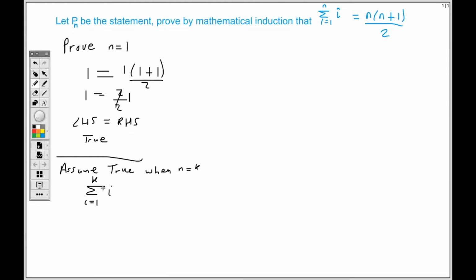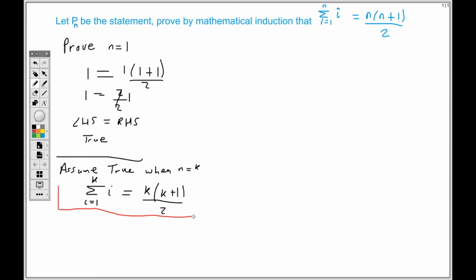So the summation from 1 to k of i is equal to, replacing the n with k, k(k+1)/2.